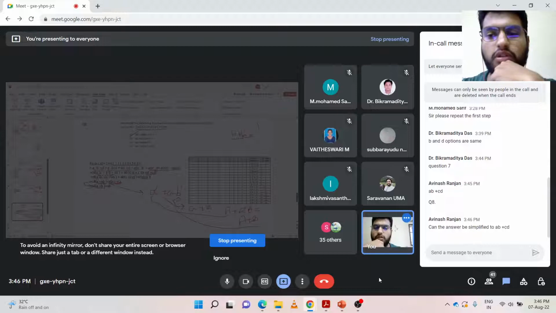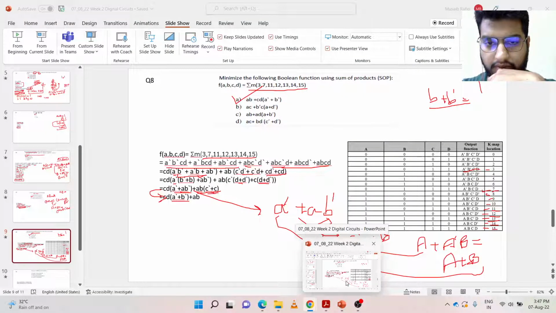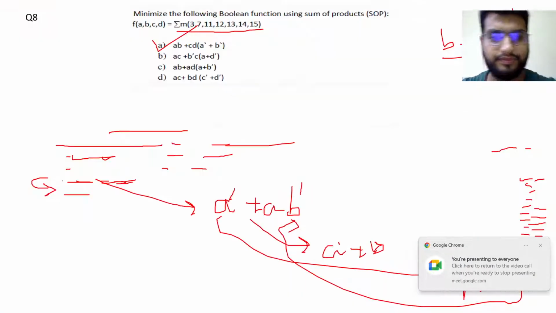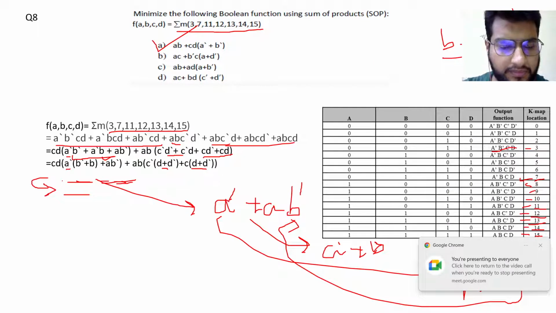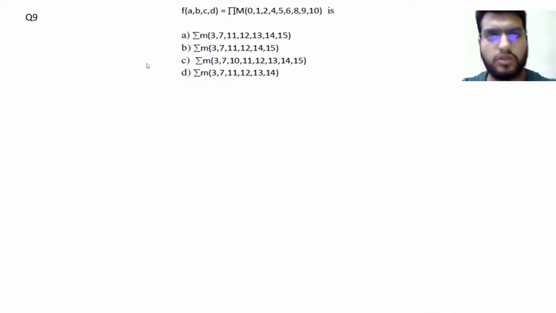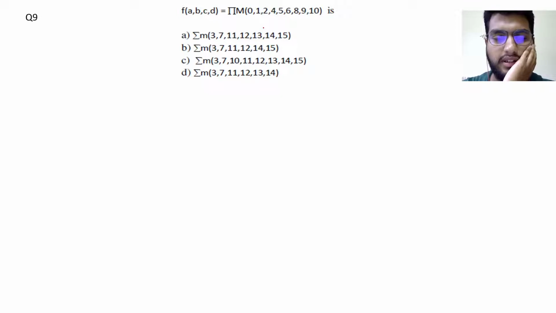Now moving forward to question number 9. It asks us to convert this product of sums to sum of products. Whenever we are asked to convert one form to the other, the missing terms will be your answer.